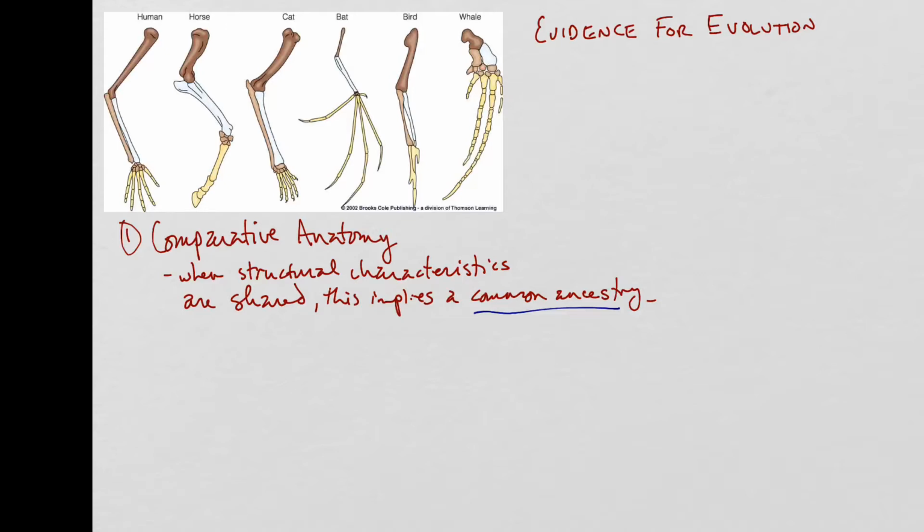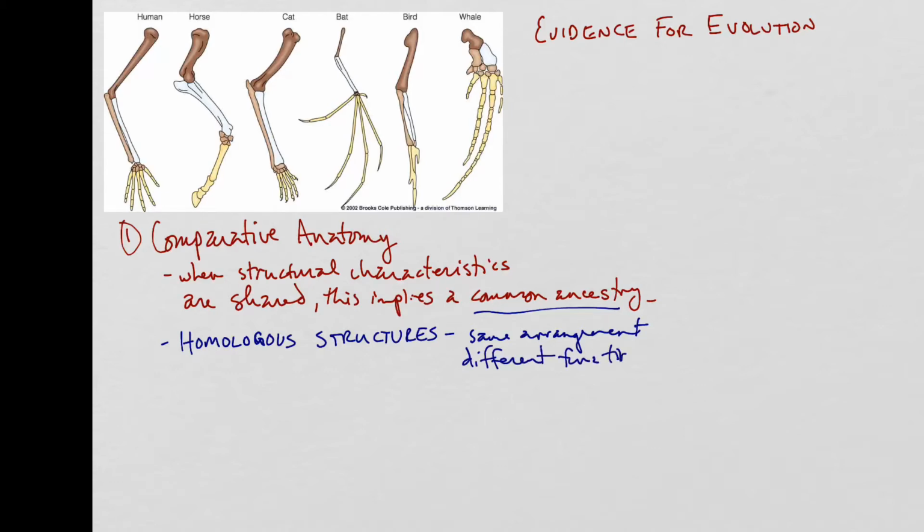So these particular structures that we have up here are called homologous structures. Homologous structures are structures that have the same arrangement, but they have different functions.